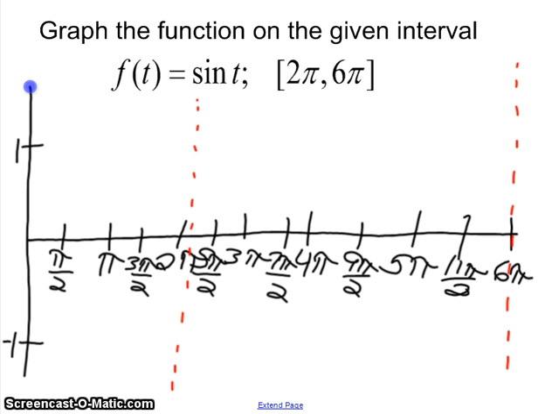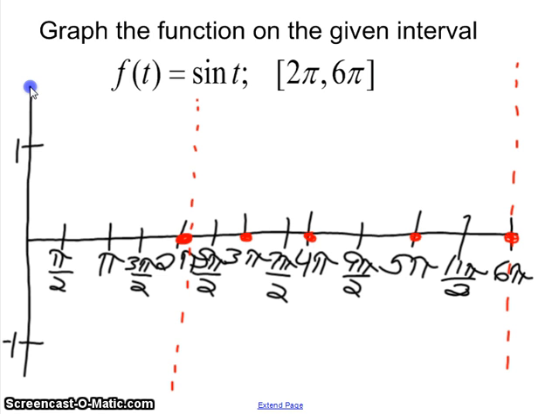Now, we know that between 0 and 2 pi, sine completes one cycle, and at 2 pi, it comes back to a 0. And there is a 0 at every multiple of pi. And again, since this graph is starting a new cycle, the next odd multiple of pi over 2 after 2 pi is a maximum.